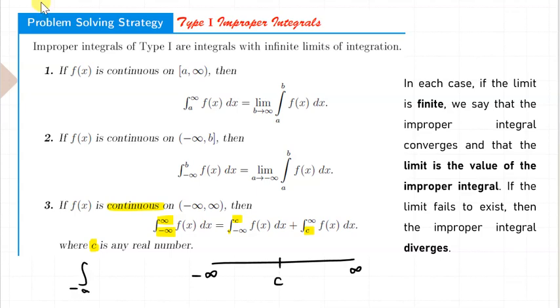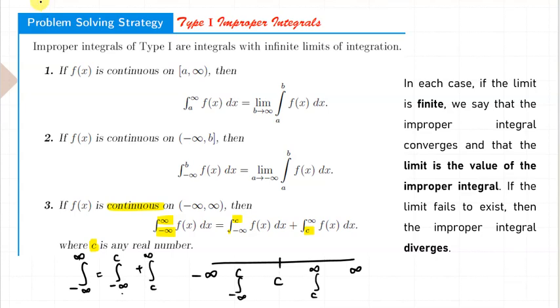So integral minus infinity to infinity becomes integral minus infinity to c and then integral c to infinity.